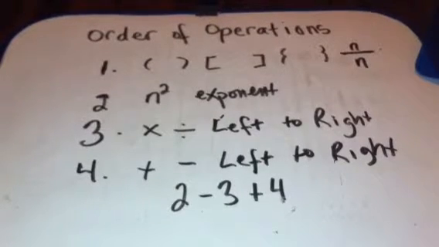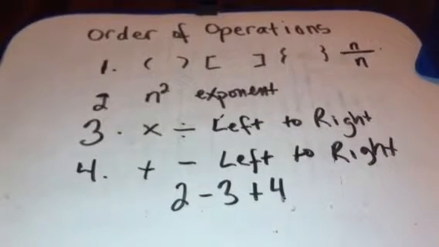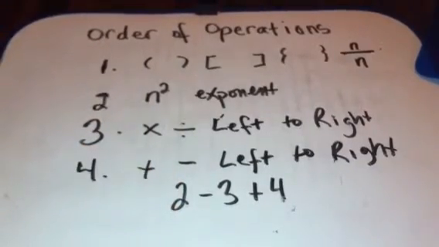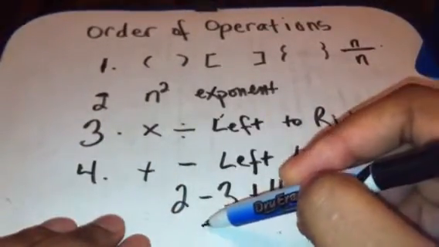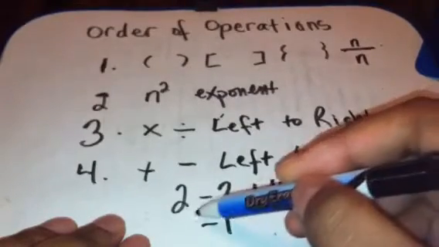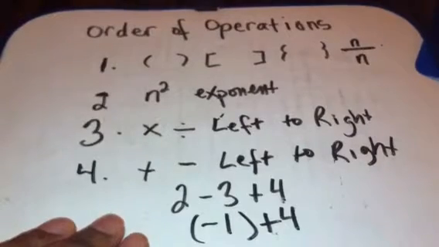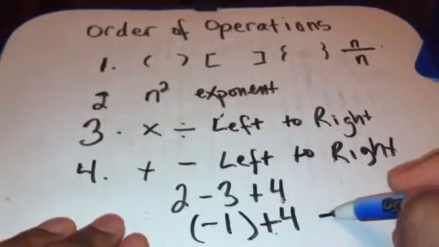Well, where do you start? This is addition and subtraction. You will start from left, which means you start with the number 2. 2 minus 3 is a negative 1. Negative 1 plus 4 is 3.